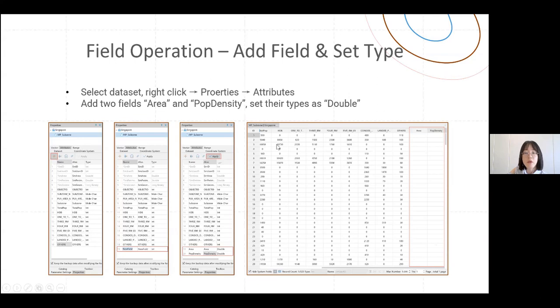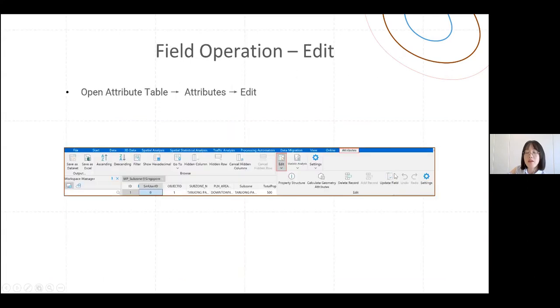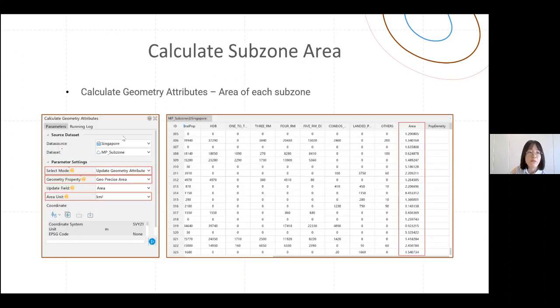And then we will use tools under the attributes tab in the edit group, choose calculate geometry attributes to calculate area, and then use update field to calculate our population density. And here are some hints for the settings for each of these tools.